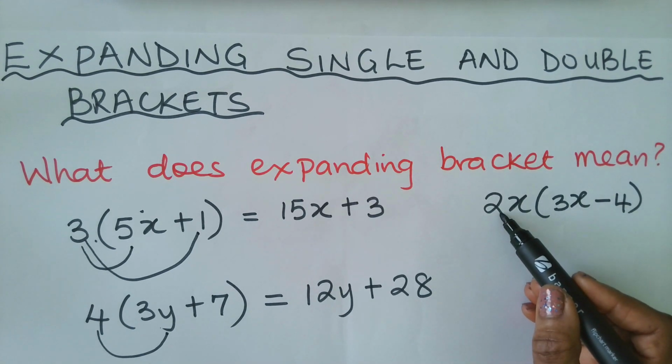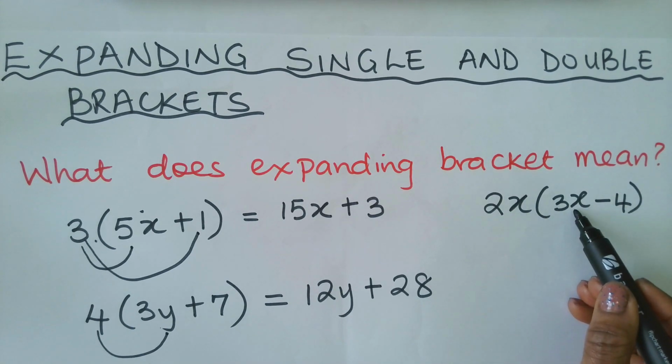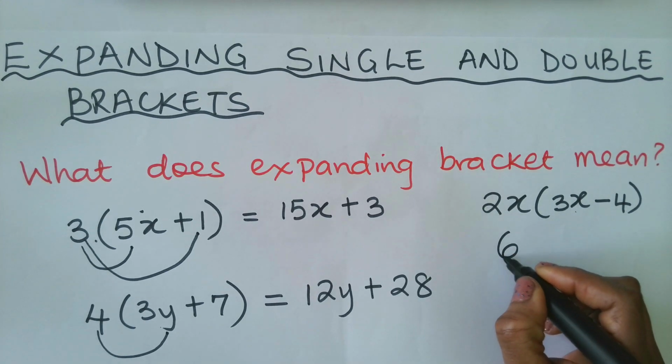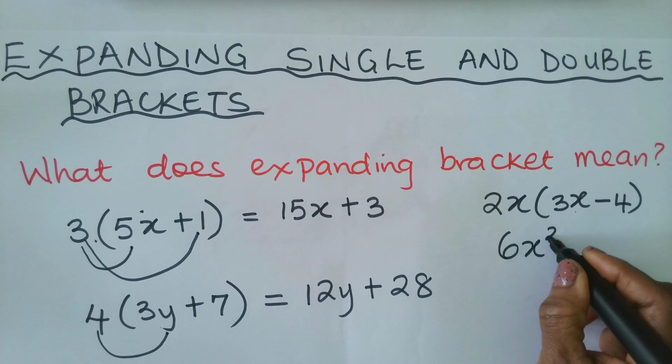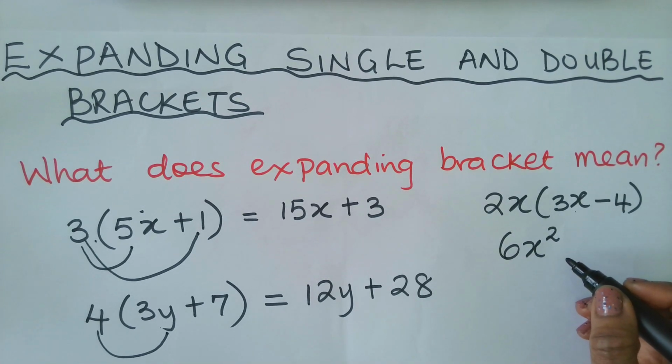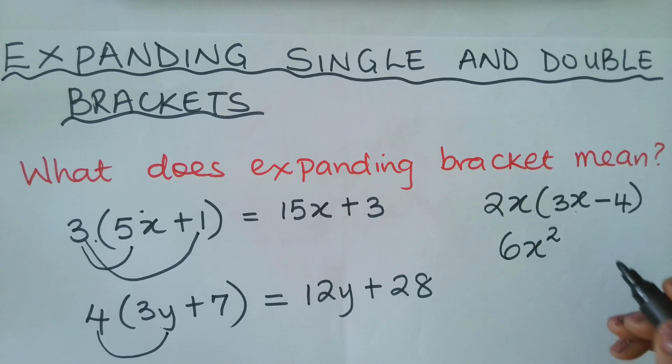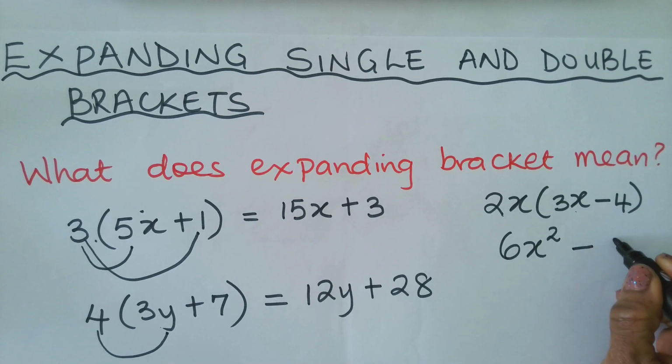So 2x multiplied by 3x is going to give me 6x squared. 2x multiplied by minus 4 is going to give me minus 8x.